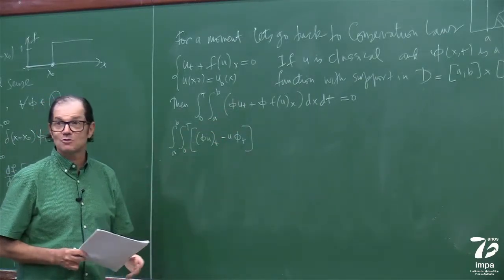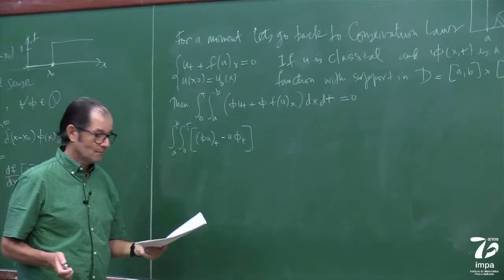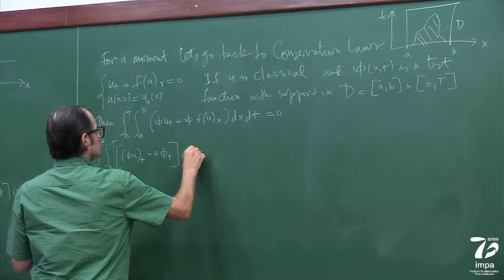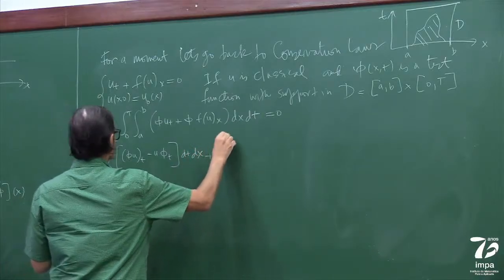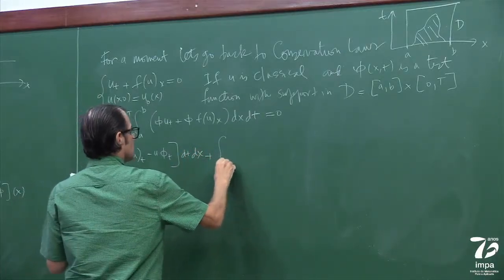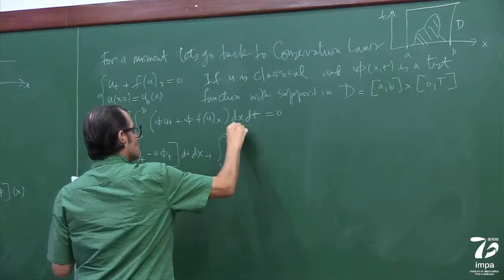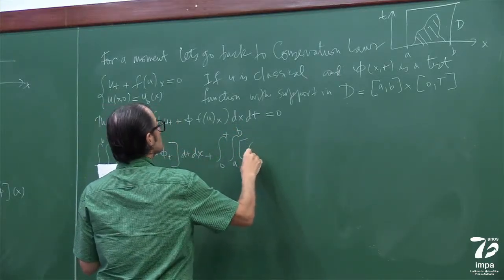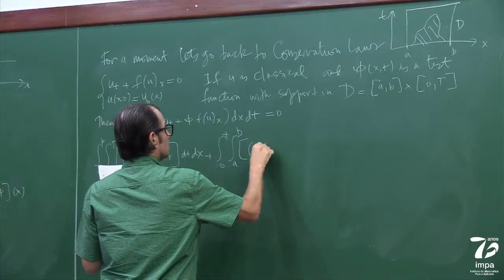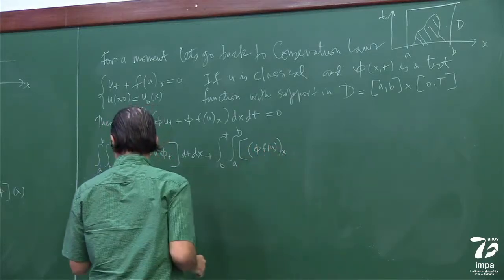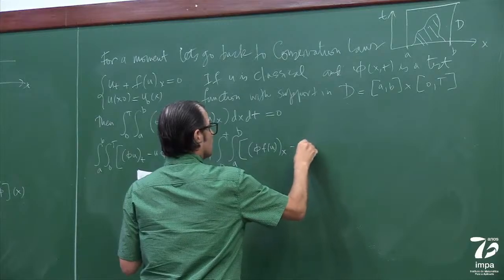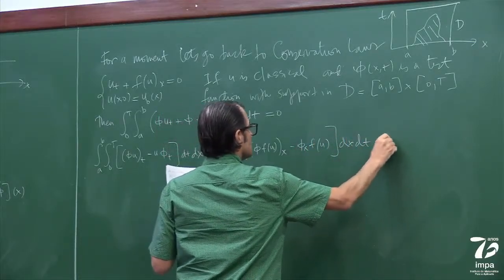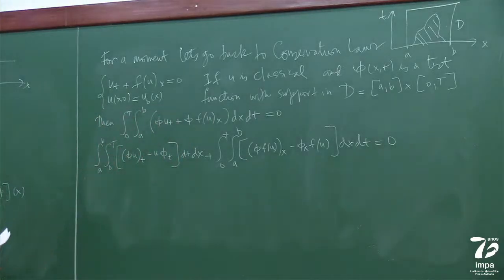So I'll do the same thing with the spatial term. Okay? So this is this, dt dx, plus, now the spatial term, I'll have the spatial integral inside, because that's the one I want to integrate. So this is phi f(u) x minus phi x f(u) dx dt. This is 0. Okay?